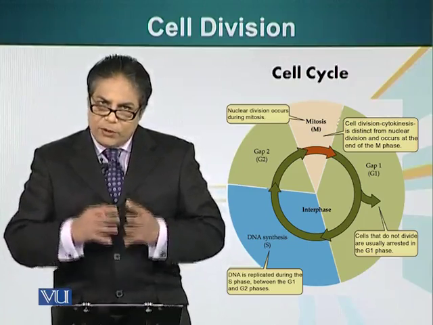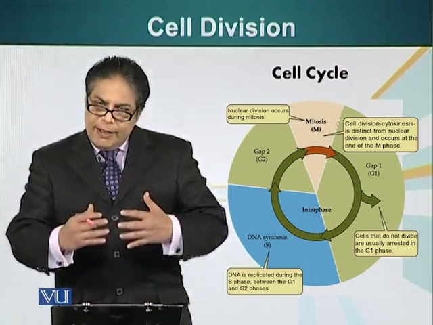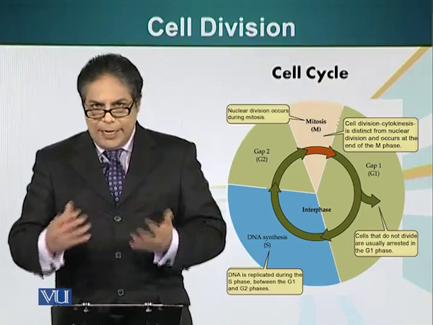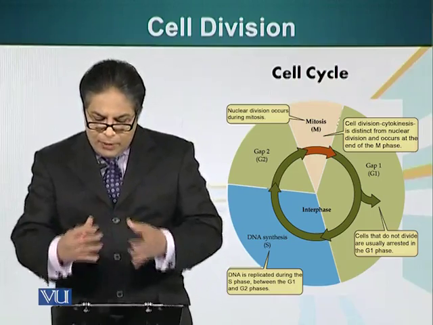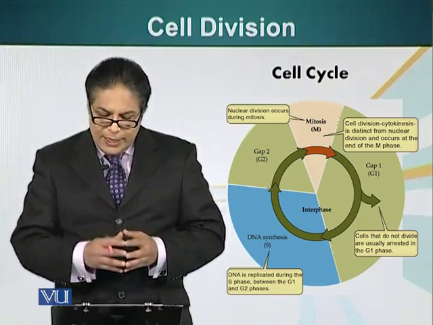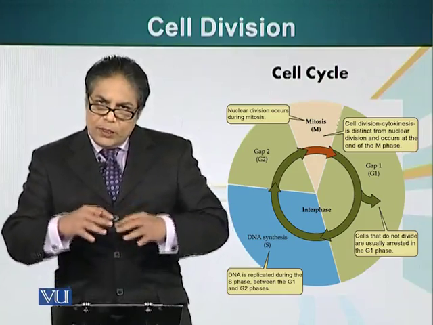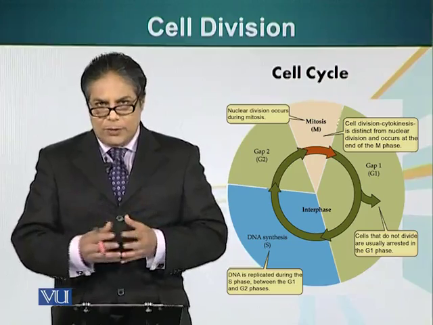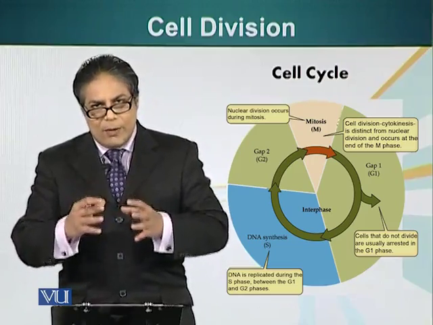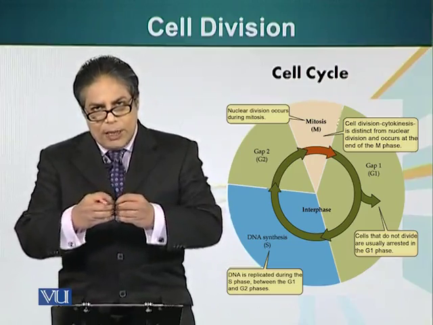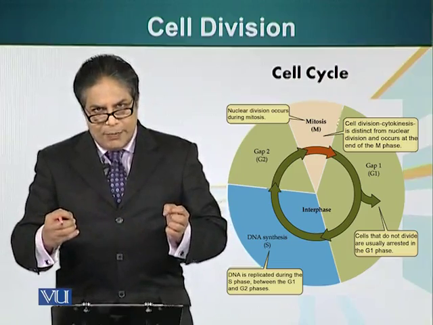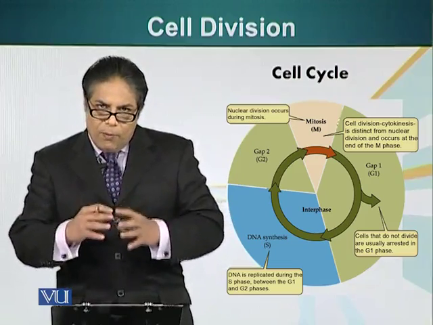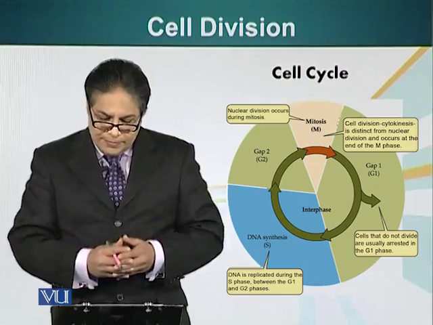In S phase, or synthesis phase, the DNA, the genetic material, is replicated. We look at this in more detail in the next slide. In gap 2, after the DNA has been replicated, cells are preparing for mitosis. They have to make cellular machinery that will now separate the replicated genetic material and form two different daughter cells.